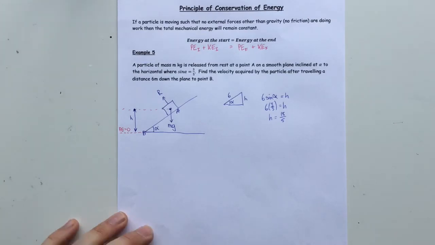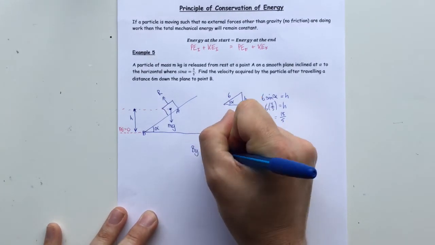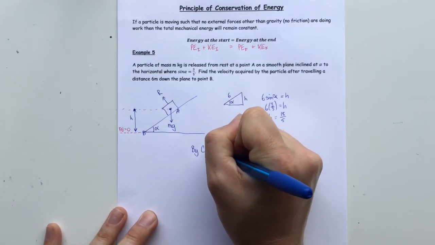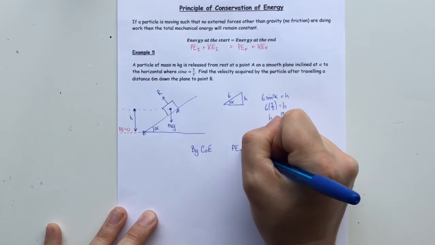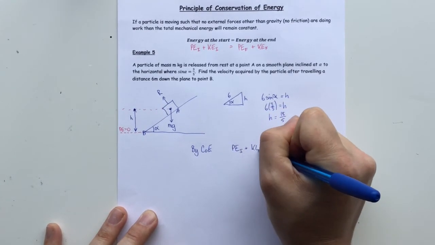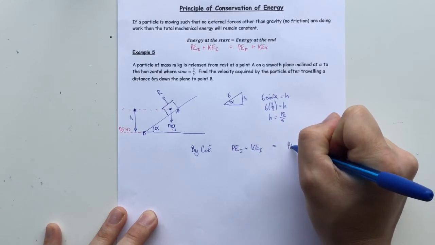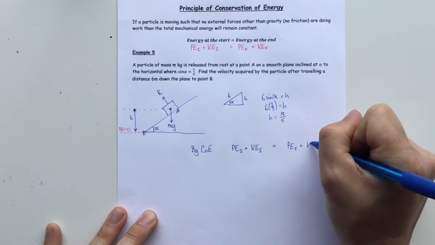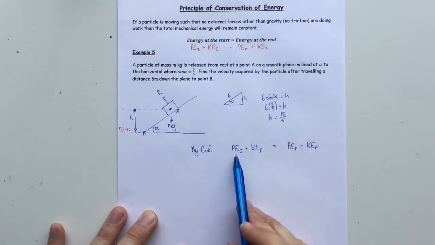Now, by the principle of conservation of energy, the initial potential energy plus the initial kinetic energy will equal the final potential energy plus the final kinetic energy. The initial potential energy is mgh.